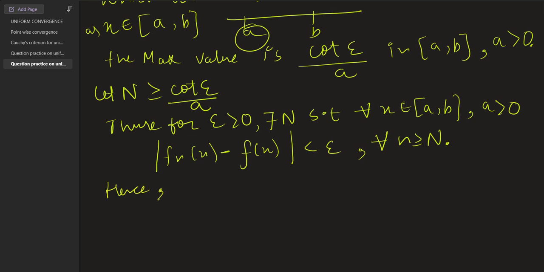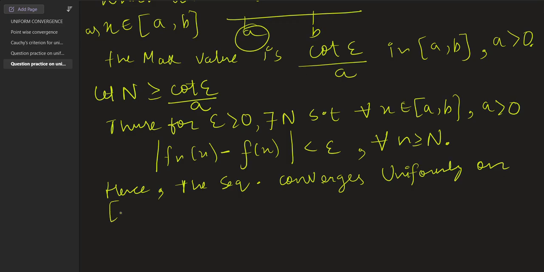Hence the sequence converges uniformly on (a, b), where a is greater than 0.